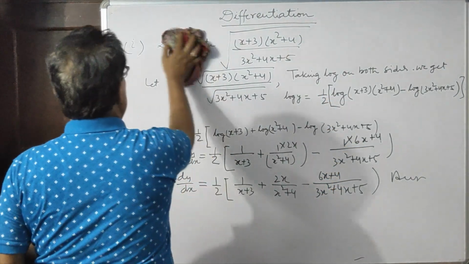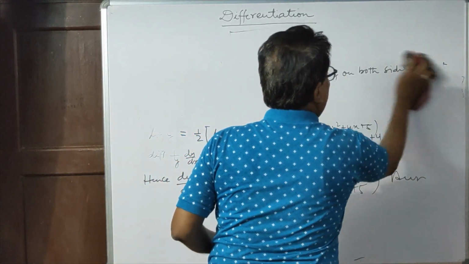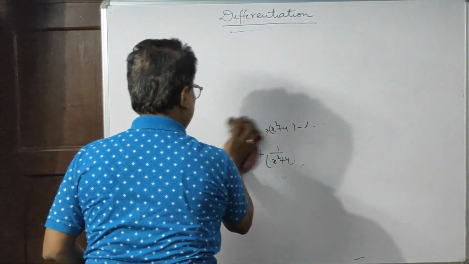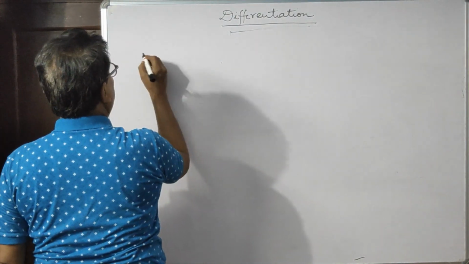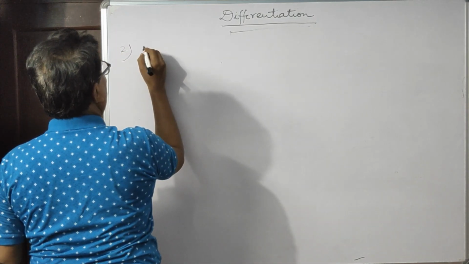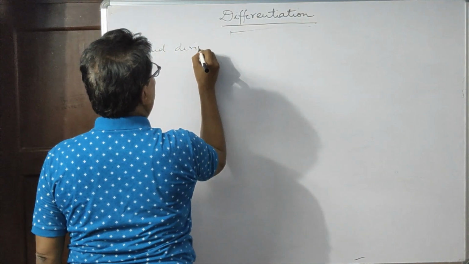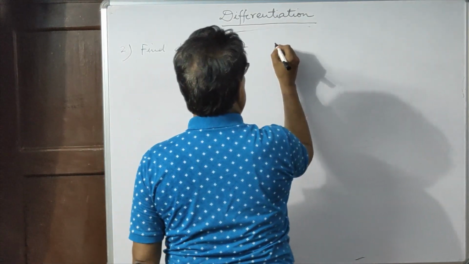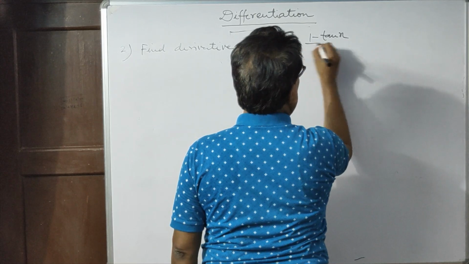The second question we will give you. To find the derivative of y is equal to root over 1 minus tan x divided by 1 plus tan x.